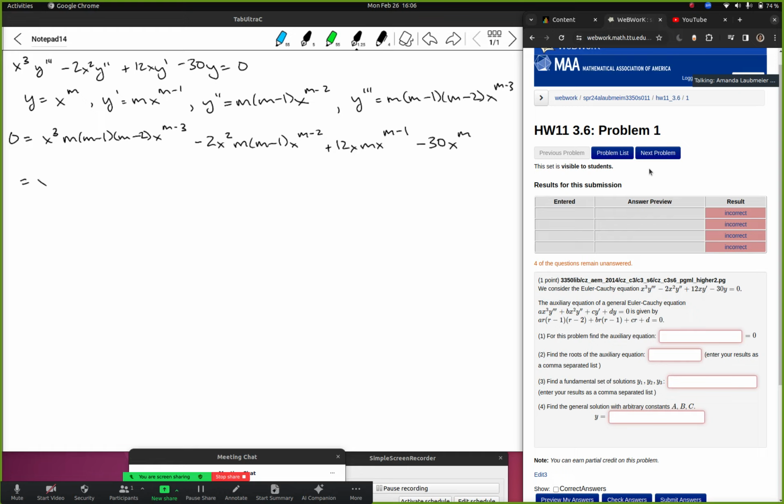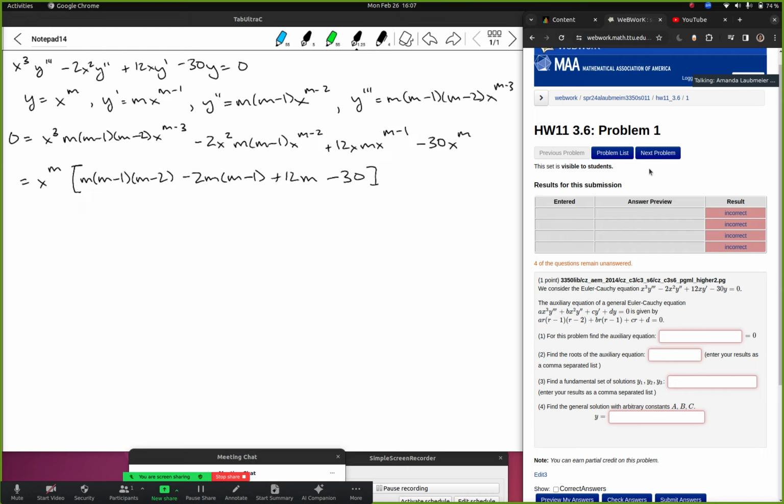So what I actually have is every single term has that x to the m, and then what's left over is everything that's not a function of x. So all I've done is factor out that x to the m that's in every term.